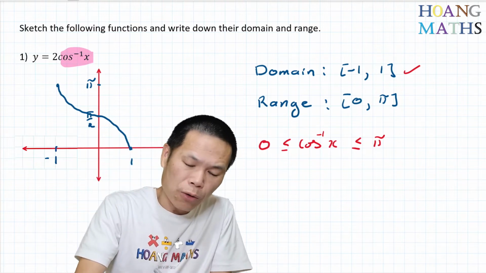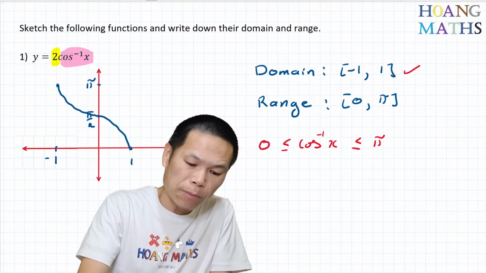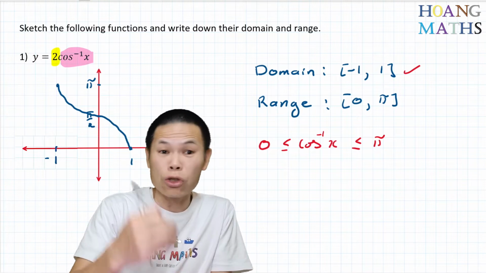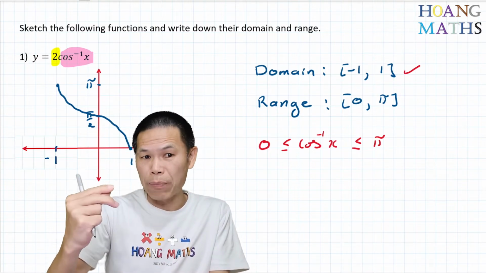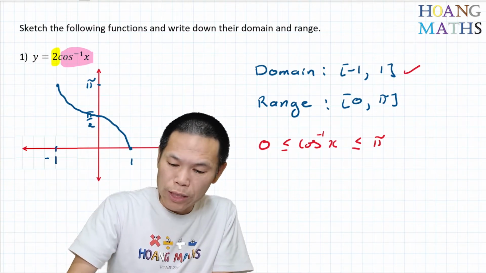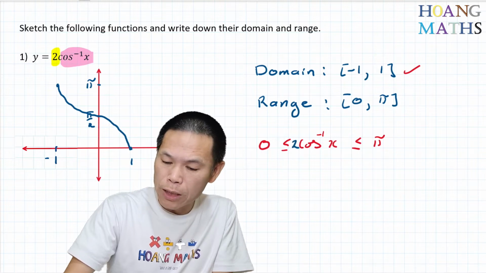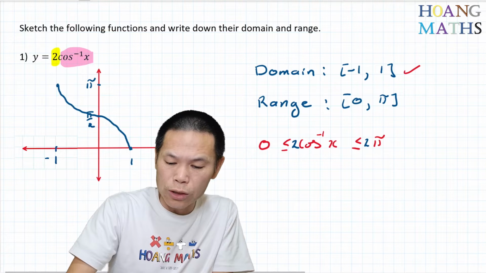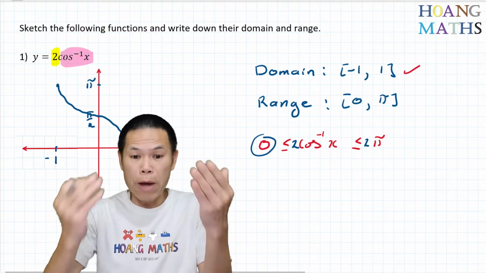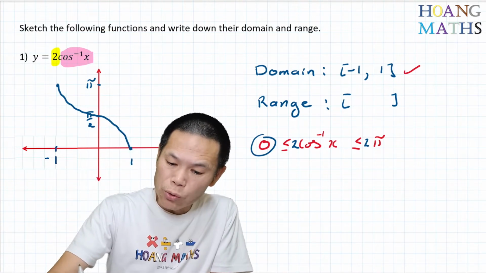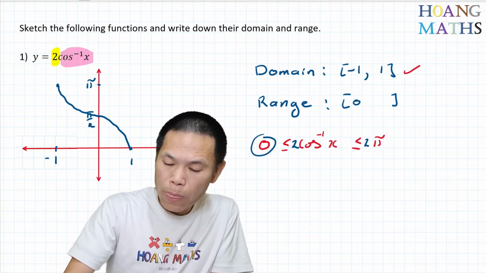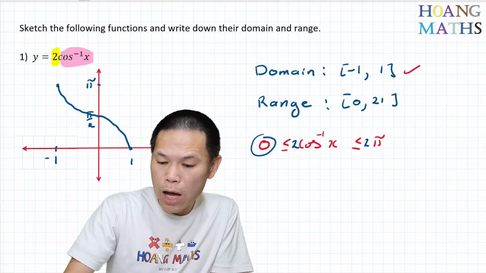Now this time, we actually have 2 times cos inverse of x. So that means the range is actually 2 times that. So we double. So we times 2, and this must be pi times 2 is 2 pi. And 0 times 2 still gives me 0. So the range for this now is between 0 and 2 pi.